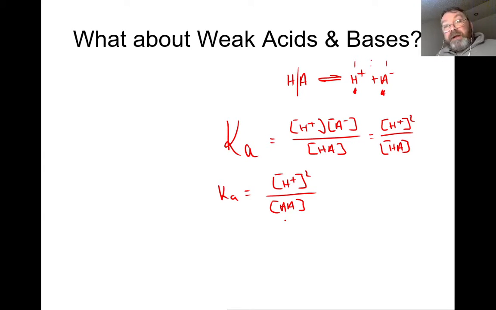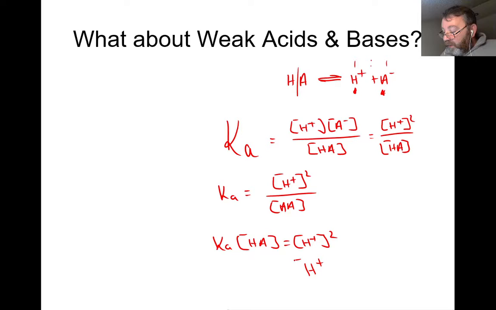If I want to clear the fraction, you know this from maths, you multiply both sides by HA, and you get Ka multiplied by HA is equal to the concentration of hydrogen ions squared. And finally, if I want to get the concentration of hydrogen ions out of a weak acid, all I've got to do then is get the square root of both sides, and I get the following. The square root of Ka times HA.